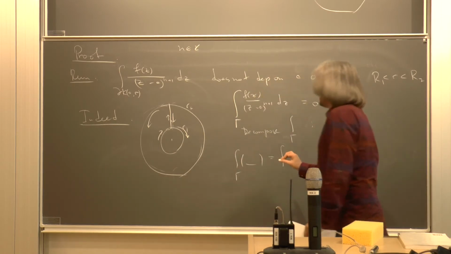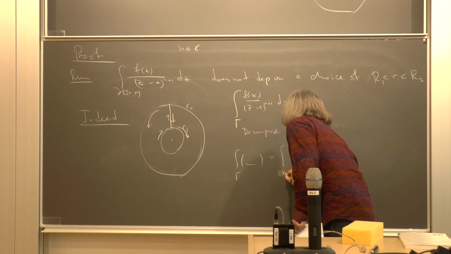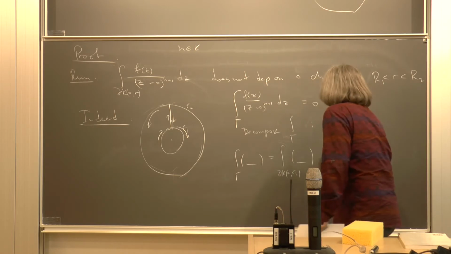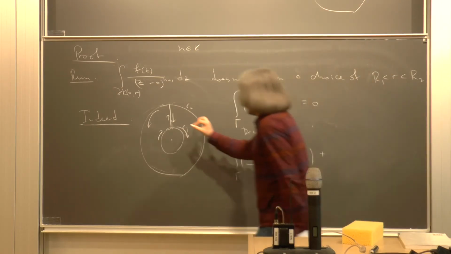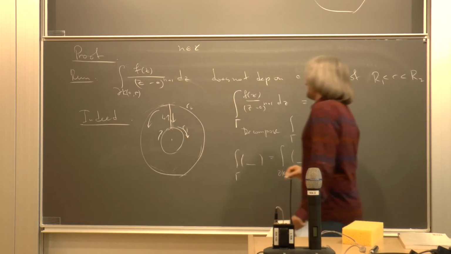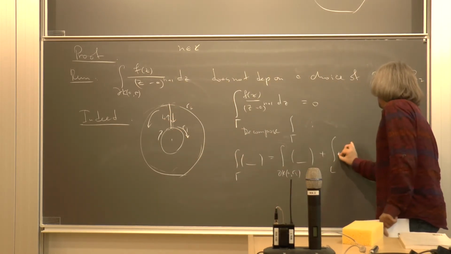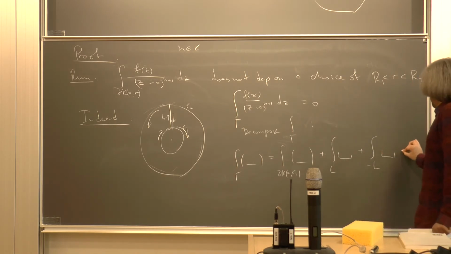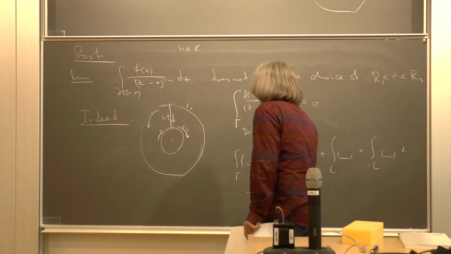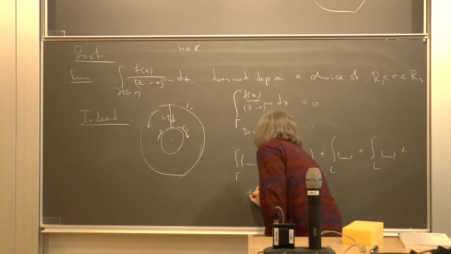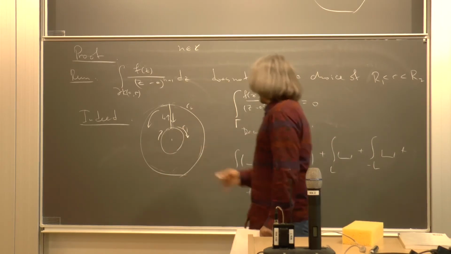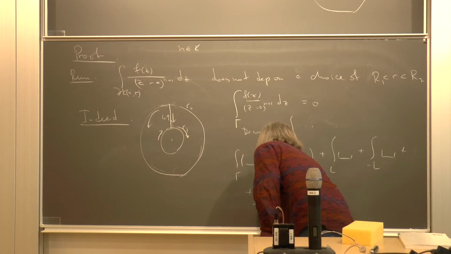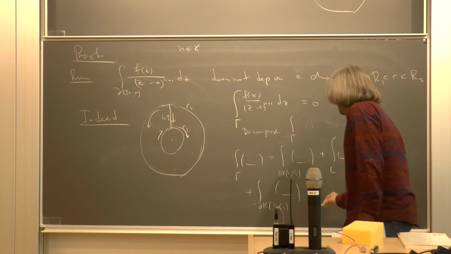It will be the sum of the integral over dk of a R2 of the same thing, plus, call it L, for example, the integral over L of something, plus the integral over minus L, because we return, of something, and then finally the integral, but the direction is opposite, so minus dk of a R1 of the same thing, and in total it's 0.